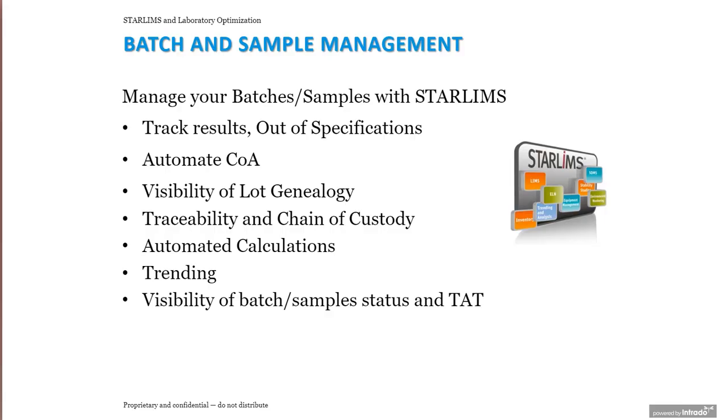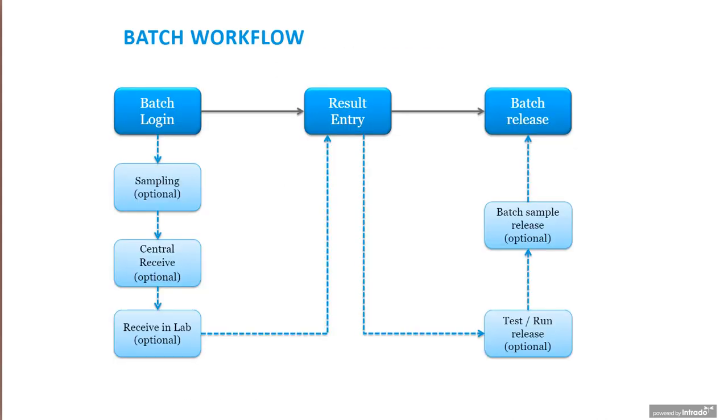So some of the features and functionalities, in a very high-level nutshell, that we have: we can support batch and sample management for the labs to track their results, the out of specifications in real time, automation of COA, visibility of lot genealogy, the components of your finished product and their corresponding results, traceability, chain of custody, automated calculations, trending, and visibility of batch sample status and turnaround. So rather than be reactive, be proactive.